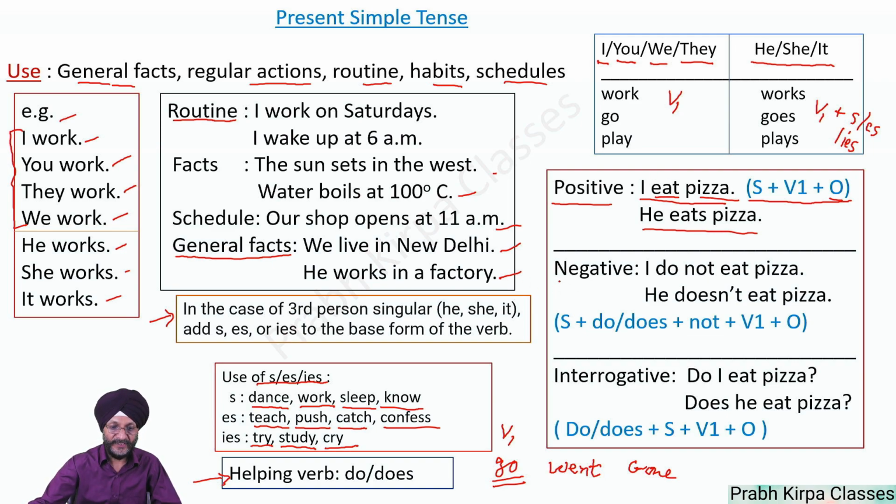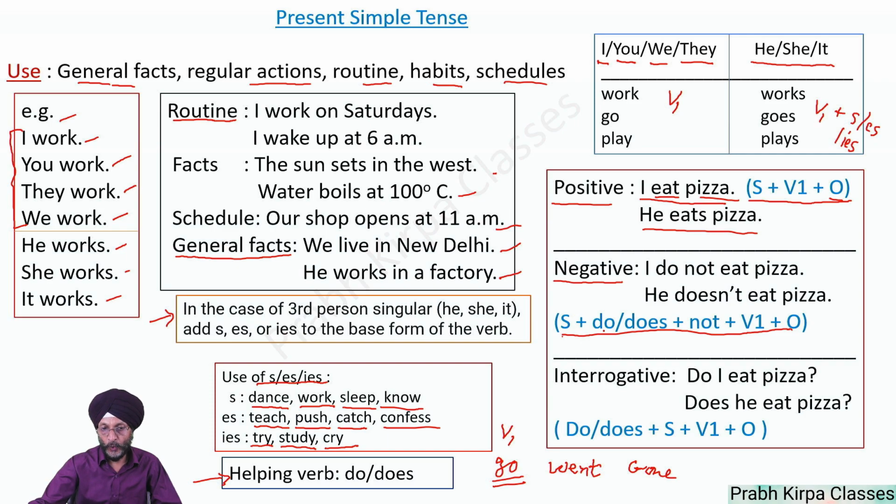We have the example of the negative form of present simple tense. In this case we have to use not. You will see the formation of this sentence. First we take the subject, then we add do or does.